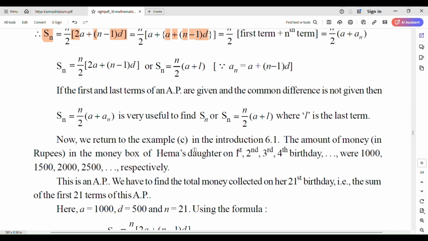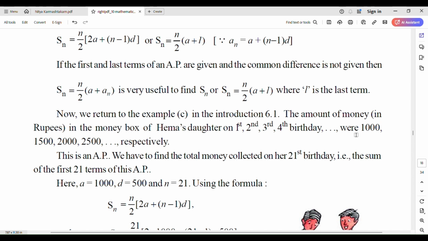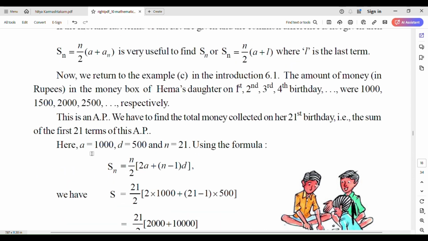So now we return to the example and find out for 1000 or 1500, 2000, etc. So a equal to 1000, d equal to 500 and n equal to 21. Starting with 1000, the common difference is 500 and 21 years.